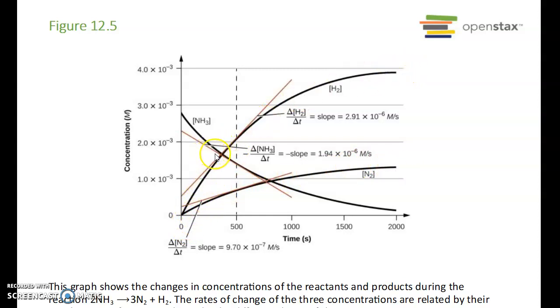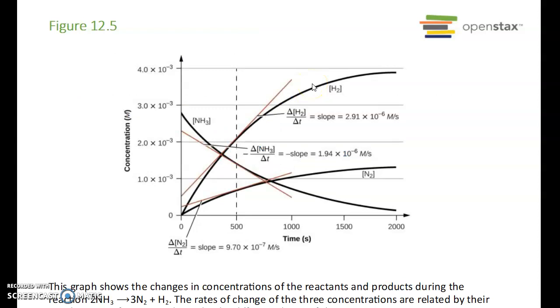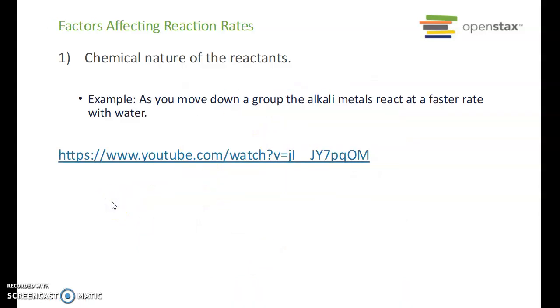You're looking at an instantaneous rate here, here, and here. This graph shows the change in concentration of reactants and products during the reaction, and they're related by those exact equations, and you can have the slope values at different points.